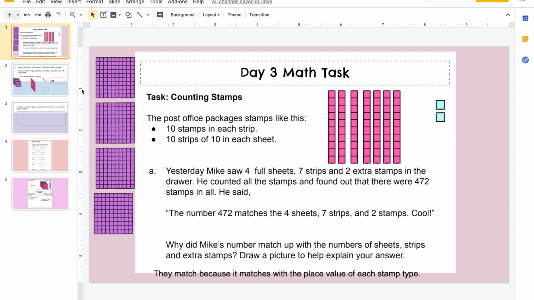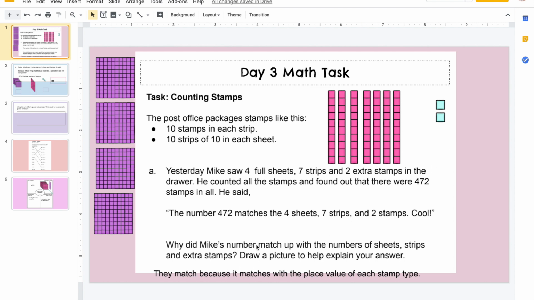If you look over here, our 100 block, there are 10 in each row and then 10 in each column. So for your picture, you can use a 100 block to represent the sheets, and then you can use a 10 bar to represent the strips, and then the single ones here can represent the extra stamps that were in Mike's drawer.